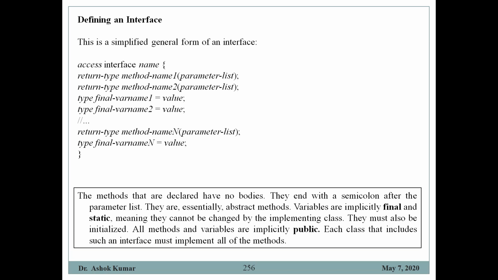And after that, the final variable name, then equal to, and after that its value. So this is the general format of the interface. I repeat, the variables are by default final and static, and the methods are public by default.